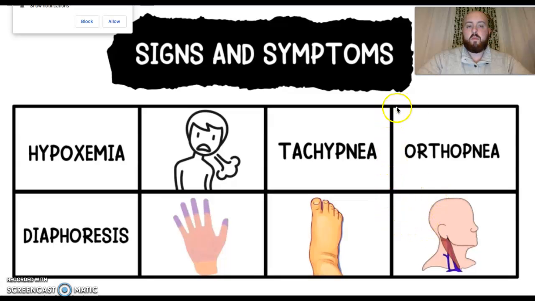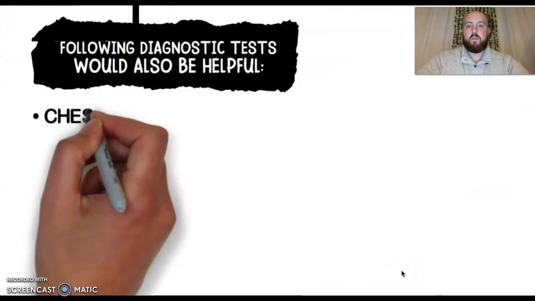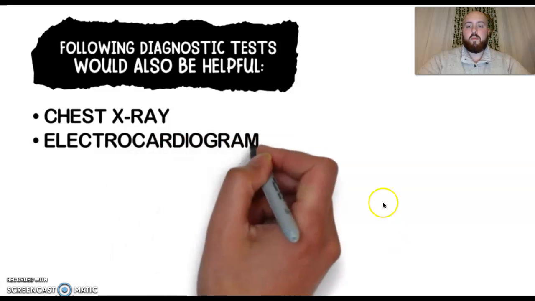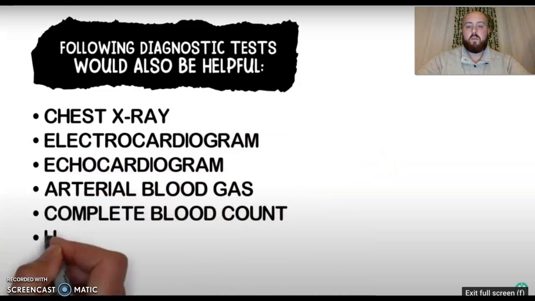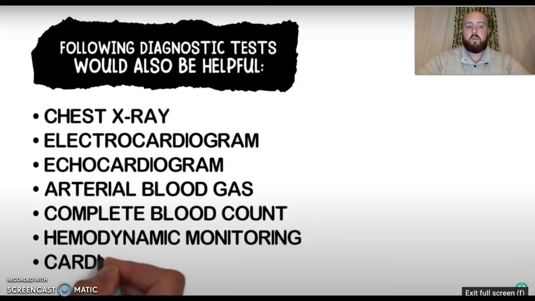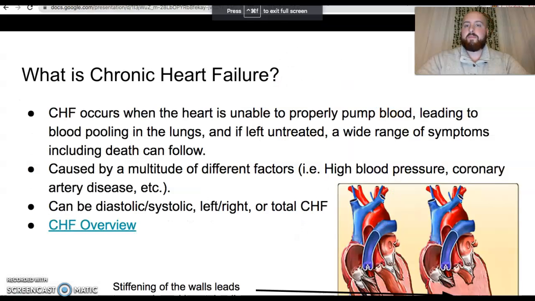Each of these signs and symptoms plays a role in the diagnosis of CHF. However, the following diagnostic tests would also be helpful: chest x-ray, electrocardiogram, echocardiogram, arterial blood gas, complete blood count, hemodynamic monitoring, and cardiac enzyme analysis.